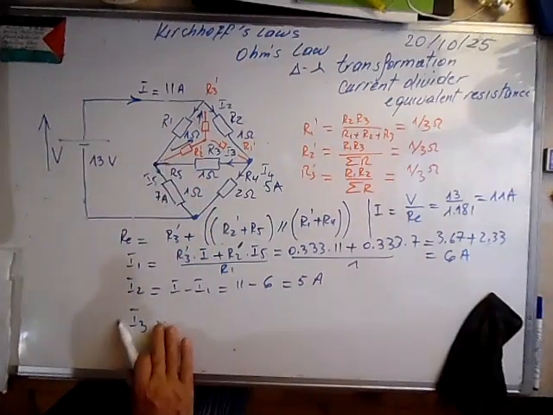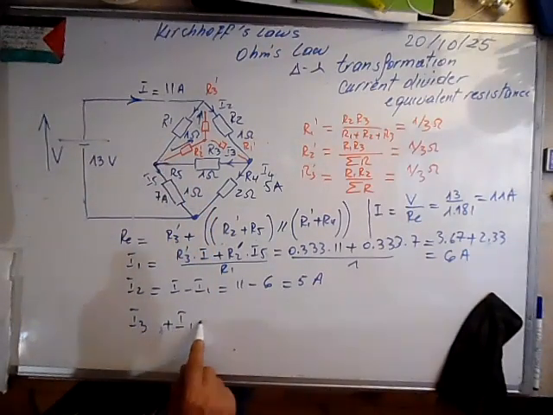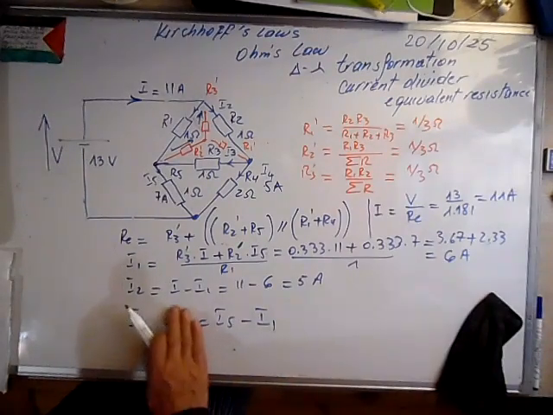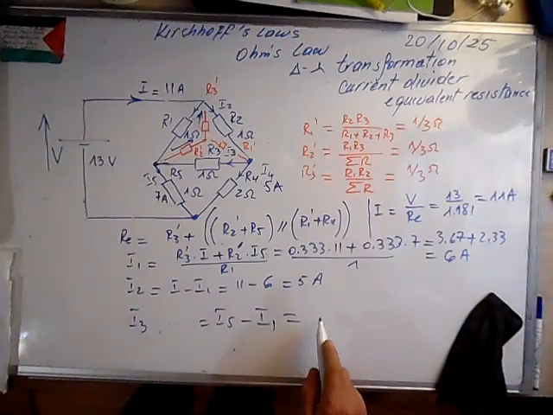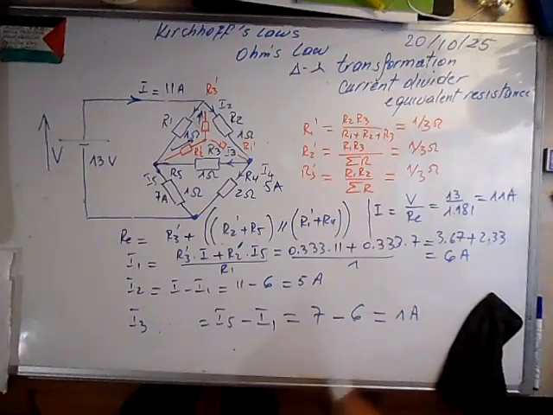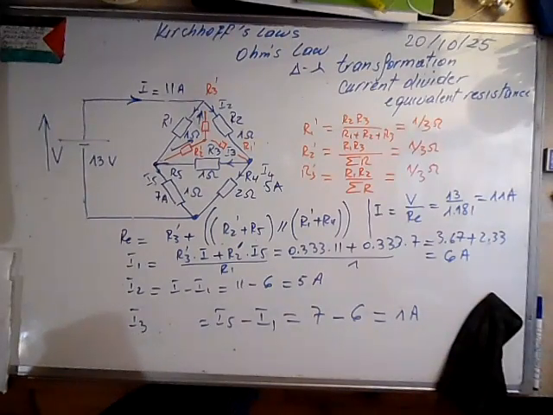I3 plus I1 is equal to I5, so it means I3 is I5, which is 7, minus I1, which is 6. It's 1 amp. Okay, so I3 is equal to 1 amp. 1 amp this way, plus 6 gives 7.